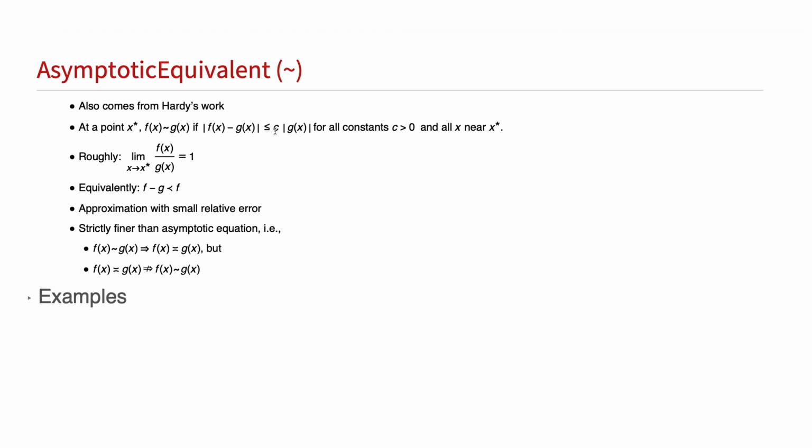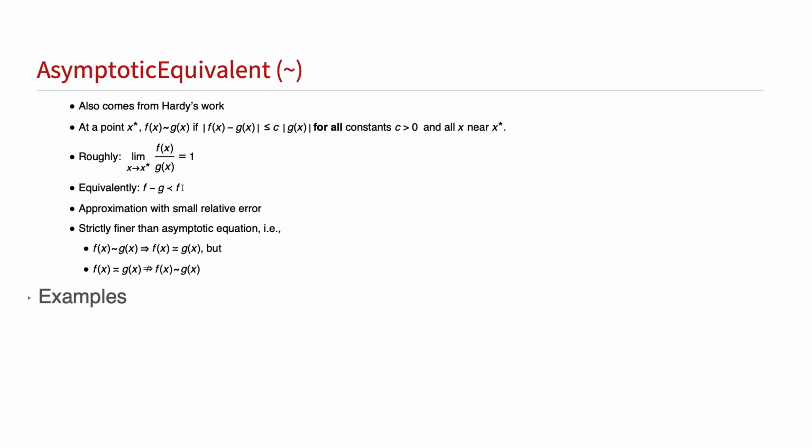And then you have less, greater, and equivalent, which are a different triad that you need in the approximation of functions. And that's sort of where we're headed. This also comes from Hardy's work, not the same paper as big omega, but a follow-up one.